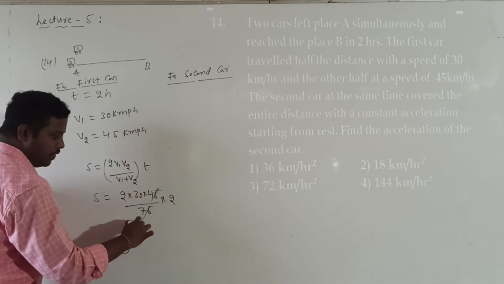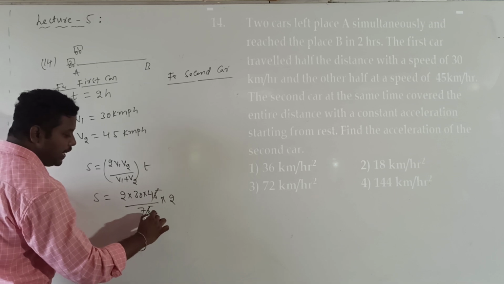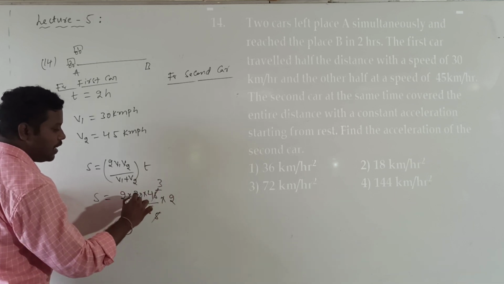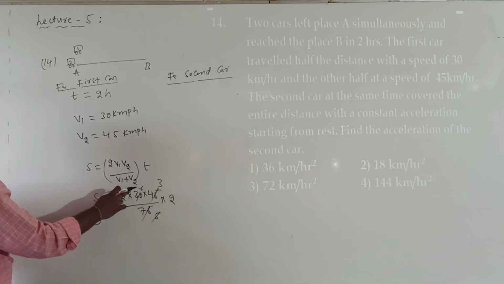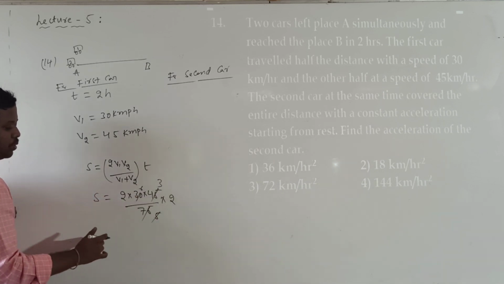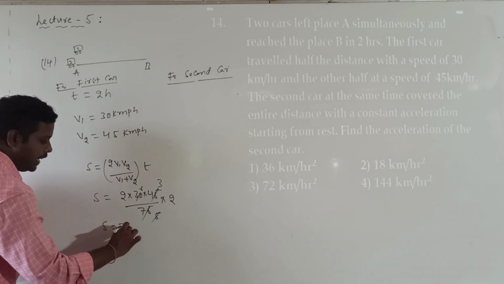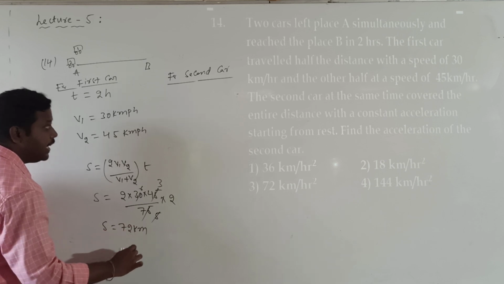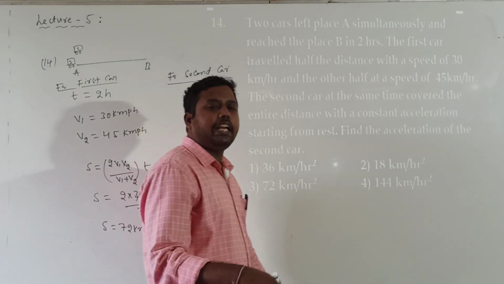So I get 36, and 36 into 2 is 72 kilometers. So 72 kilometers is the separation between A and B.